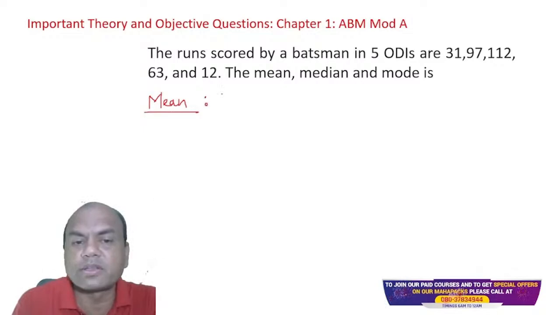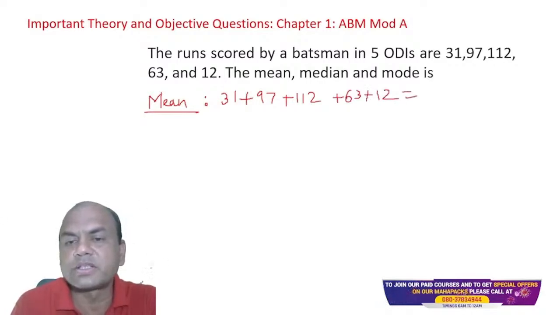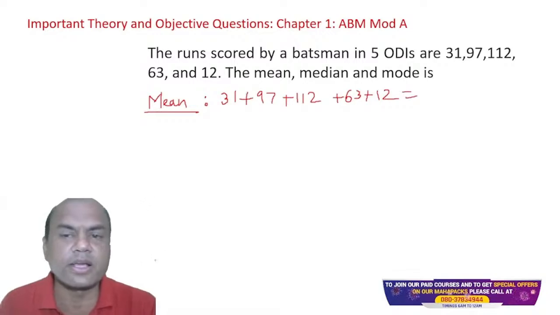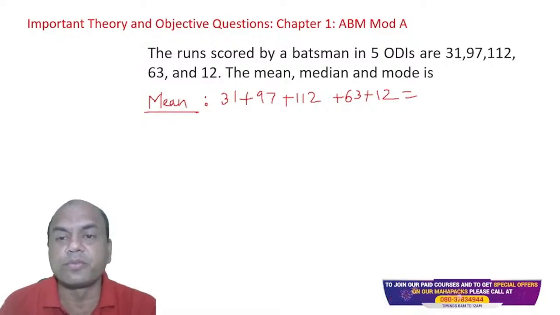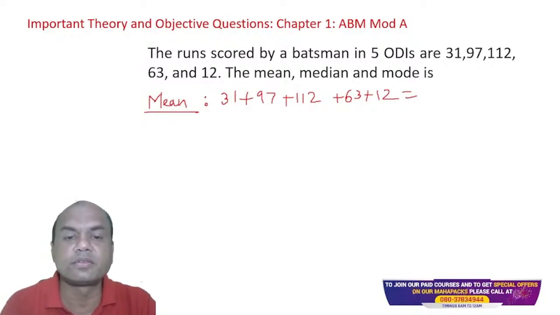Do the addition, everyone: 31 plus 97 plus 112 plus 63 plus 12. Add all of them. What is the answer you're getting, guys? I want the answer in the comment section from you.